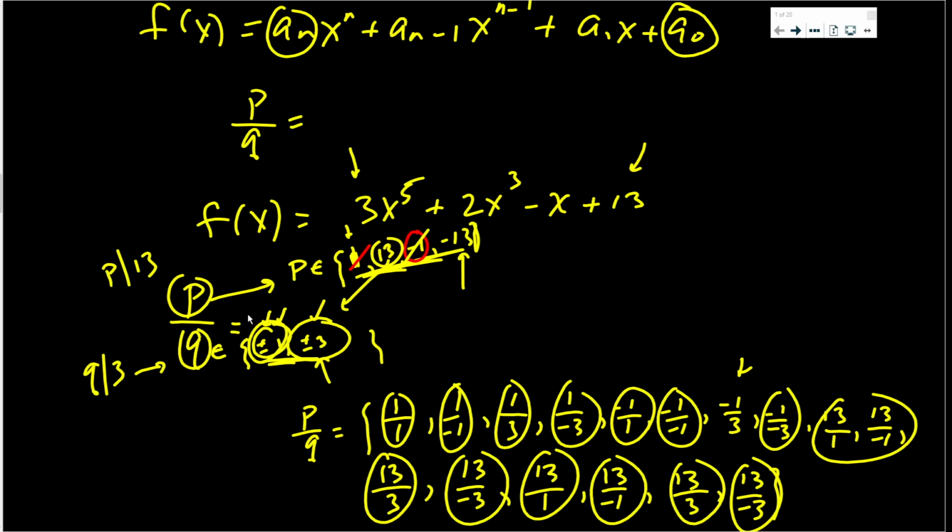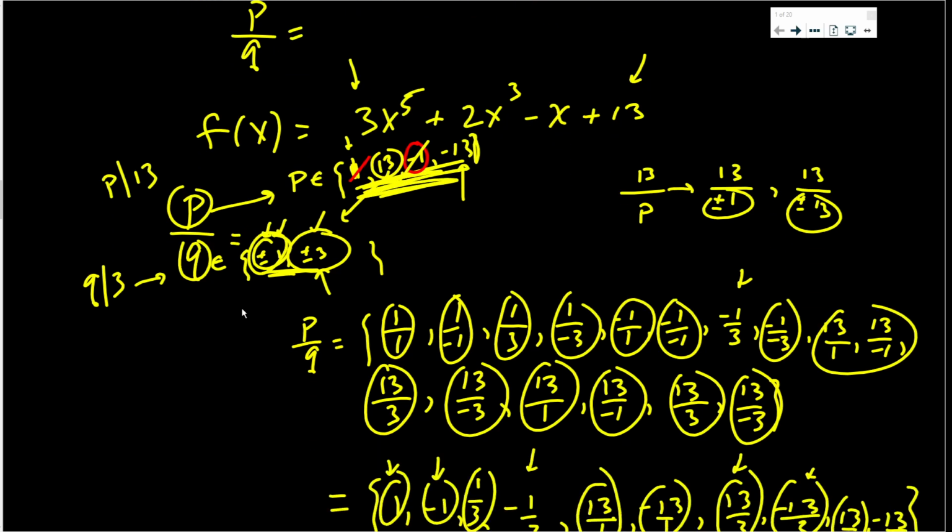Now, if P divides 13, that means P goes into 13 evenly. What are the numbers that go into 13 evenly? The answer is plus minus 1, plus minus 13. Okay, that is what P can equal. And that's exactly what I put here.